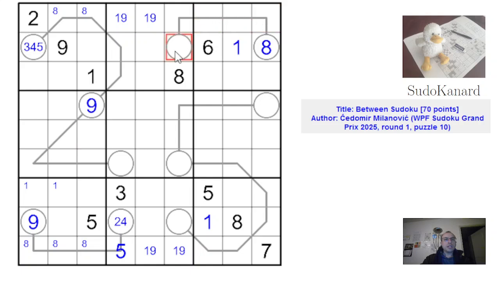Actually, this has to be a rather low number. What are the possible values here? Well, actually, we will know exactly which values they are. No, I was thinking 6 would have to be here, but 6 could still be there.